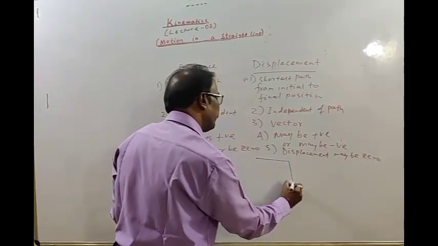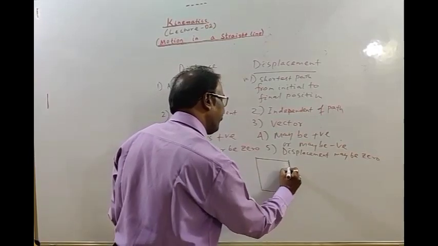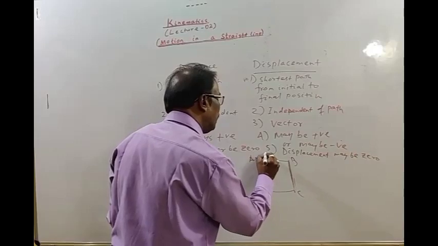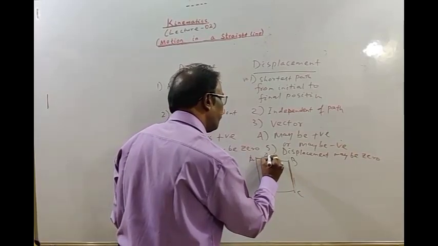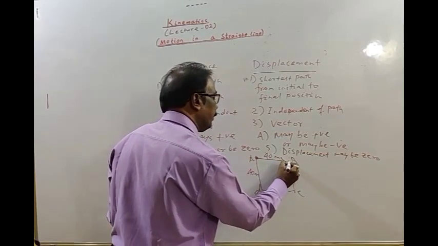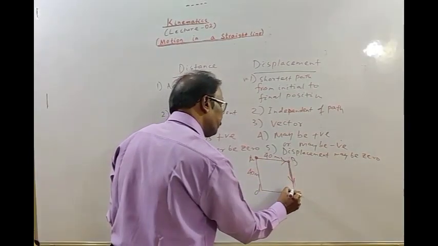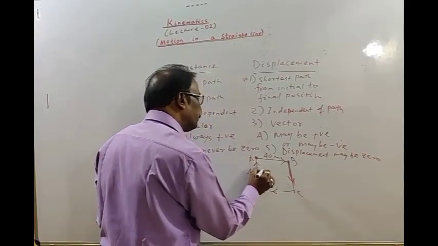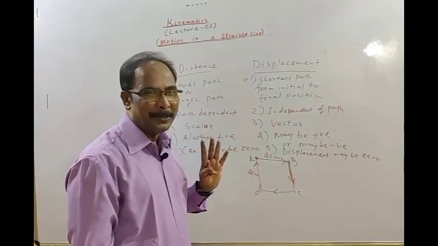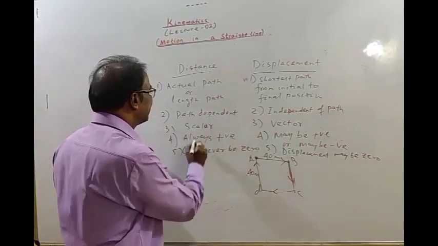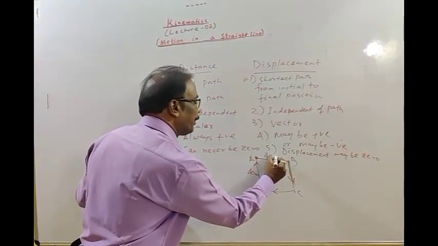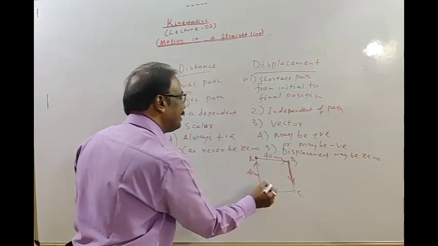Say for example, this is a square field. Okay. A, B, C, D. And each side is, let us say, 40 meter. A body starts from A, reaches B, then moves from B to C, then from C to D, then from D to A. Means it starts from A and again returns back to position A. Then here, distance is the total path length, 40 plus 40 plus 40 plus 40.